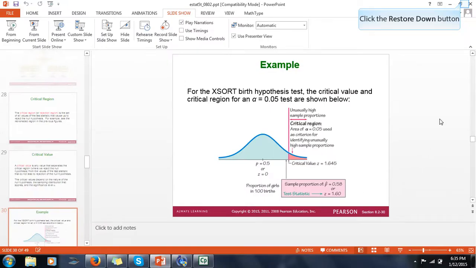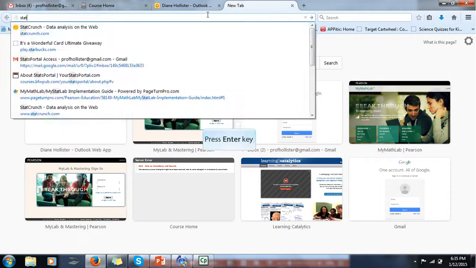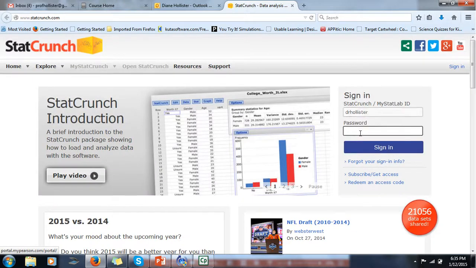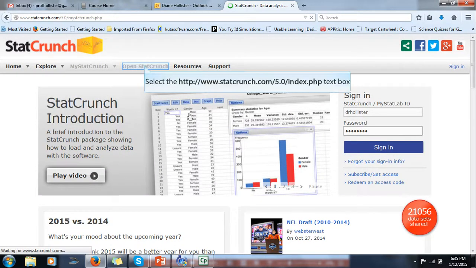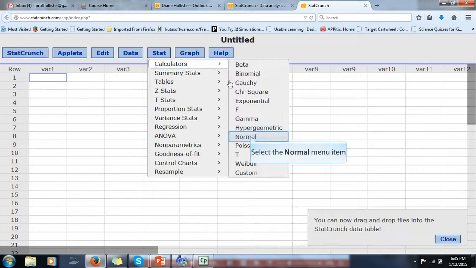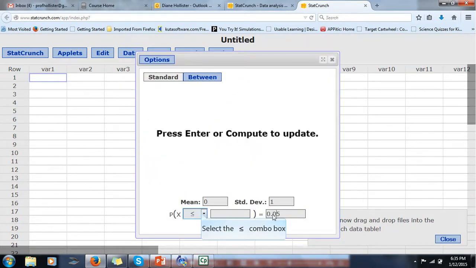Okay, so very quickly, you're going to go to StatCrunch, log in, or click to it from your homework question, open up your calculator and click normal. So again, we're going to go to normal here. We're going to ask what is the z-score that cuts off the top 5%?